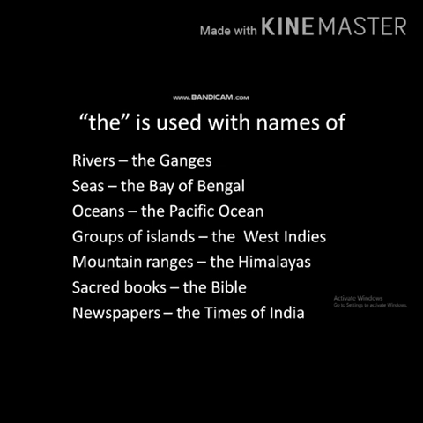The is used with the names of rivers like the Ganges, the Nile, with names of seas like the Bay of Bengal, the Arabian Sea, with names of oceans like the Pacific Ocean, the Indian Ocean, with names of groups of islands like the West Indies, the Andaman and Nicobar Islands, with names of mountain ranges like the Himalayas, the Vindhyas, with names of sacred books like the Bible, the Gita, the Quran.